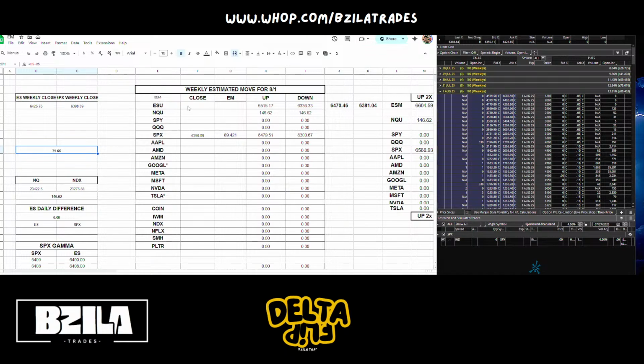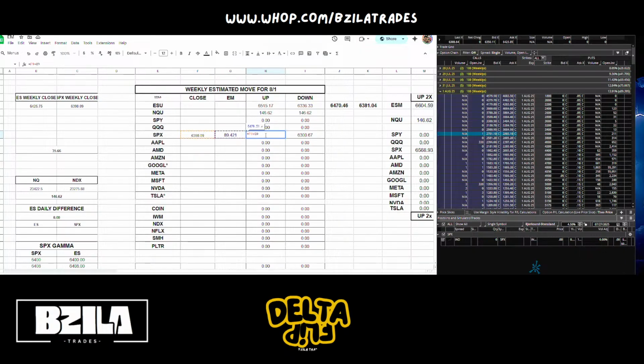So what I do is for ES and NQ, I use SPX and NDX data. So for SPX, you're going to put in 6309.09, and then we look over here on Thinkorswim, and you're going to grab August 1st, which is 89.309. Plug that in.